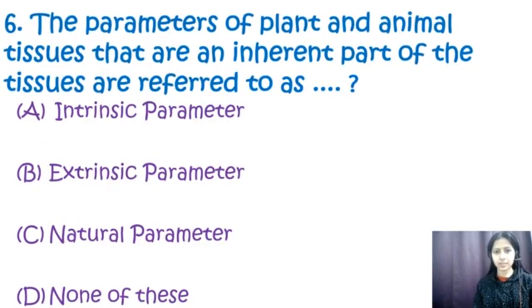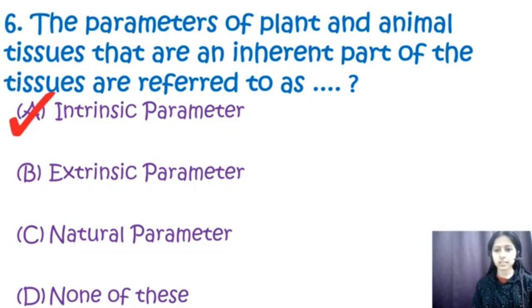6. The parameters of the plants and animal tissues that are an inherent part of the tissues are referred to as option A intrinsic parameter, option B extrinsic parameter, option C natural parameter and option D none of these. So the correct answer is option number A, that is intrinsic parameter. So what are these intrinsic parameters?